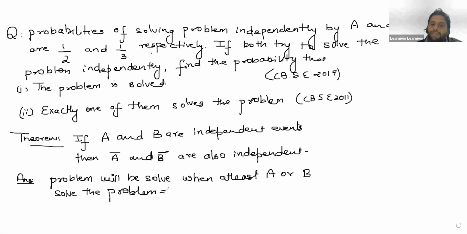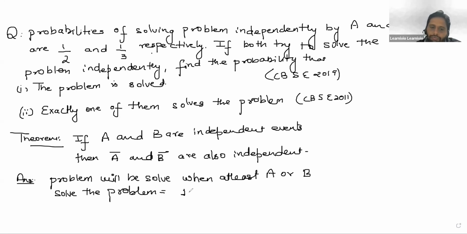Okay, so we are using at least. Why? Because if A will solve and B will not solve, then it will be fine. If B will solve, A will not solve, then also it is fine. If A and B both will solve the problem, then also it will be fine. So problem will be solved when at least A or B solve the problem.